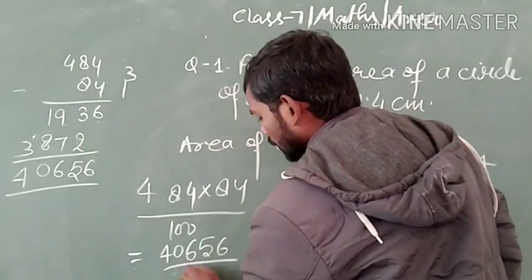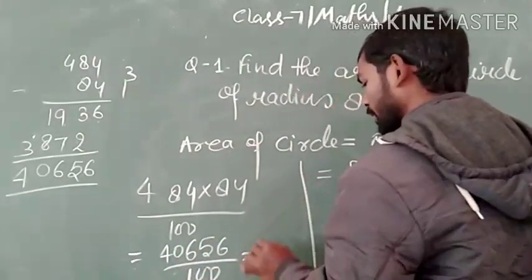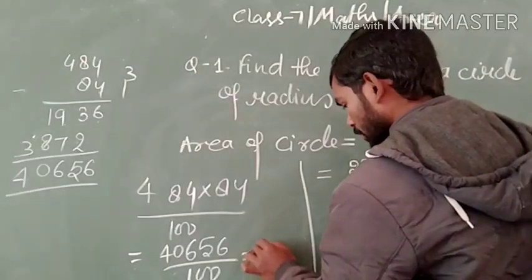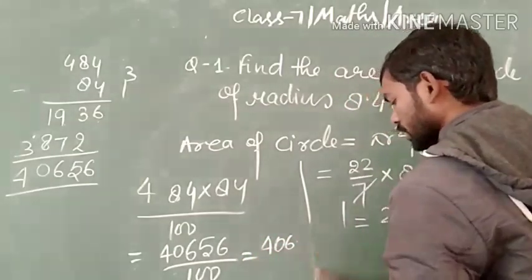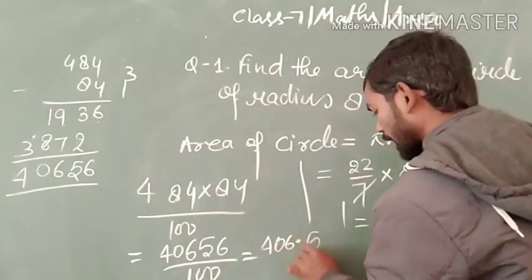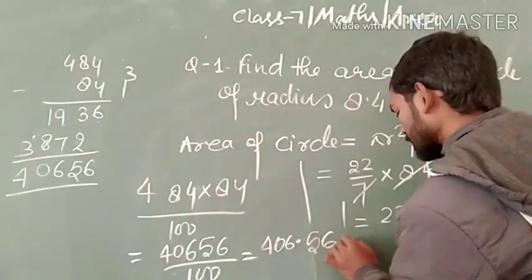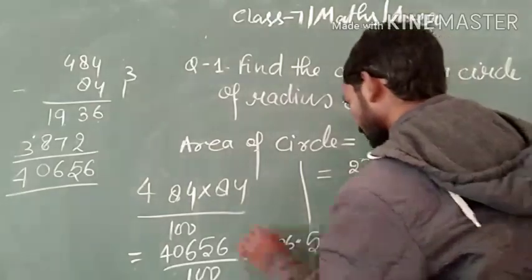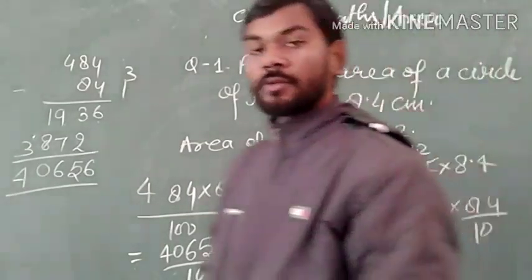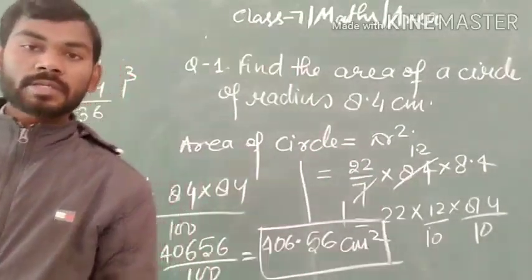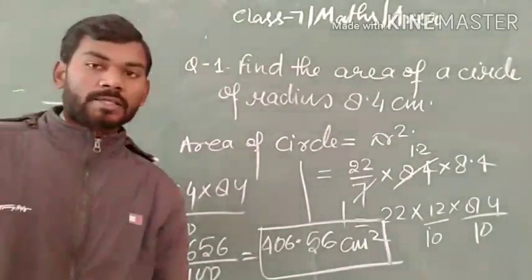So here we get the value as 40,656 upon 100, or it can be written as 406.56 centimeter square. Therefore, 406.56 centimeter square is the right answer.